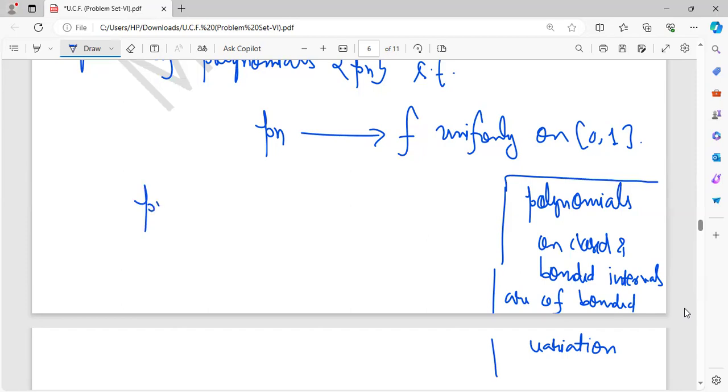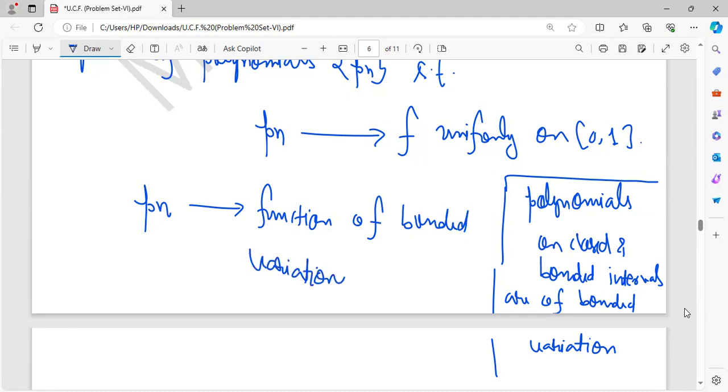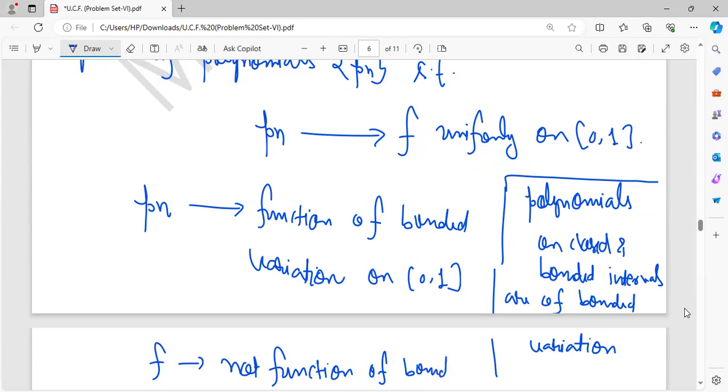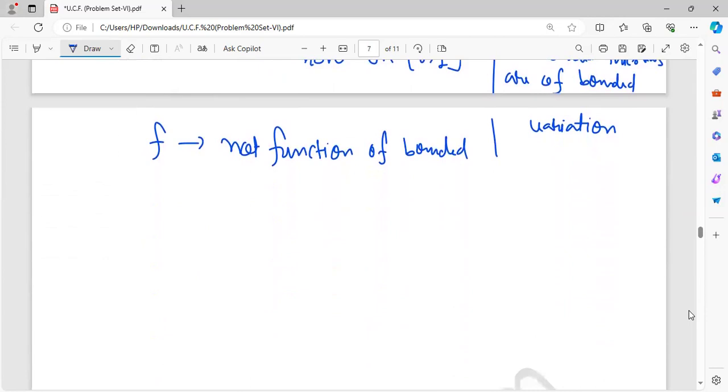So this implies Pn is a function of bounded variation. Polynomials are always functions of bounded variation on a closed interval. On the closed interval, f is not a function of bounded variation.